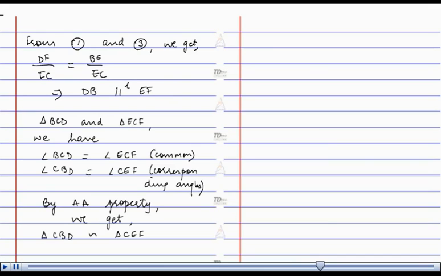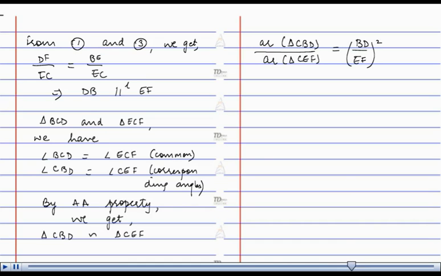Also, we know that in similar triangles, area of triangle CBD upon area of triangle CEF is equal to the square of ratio of corresponding sides. That means area of triangle BCD upon area of triangle ECF is equal to BD upon EF whole square.